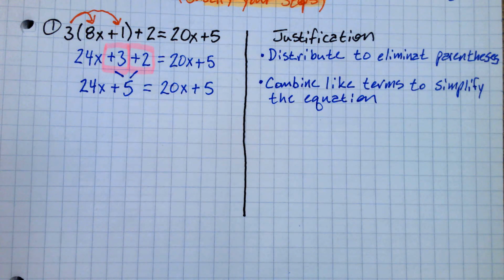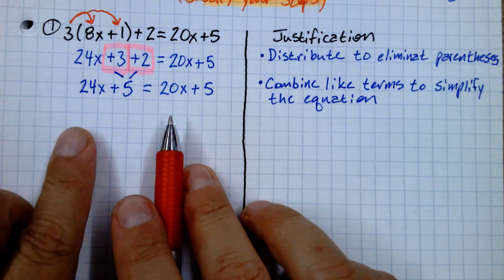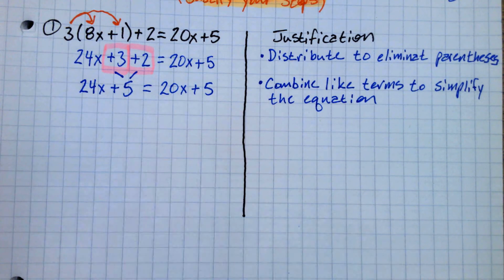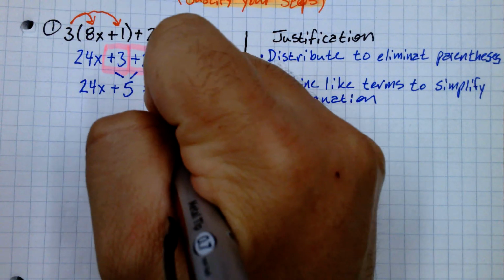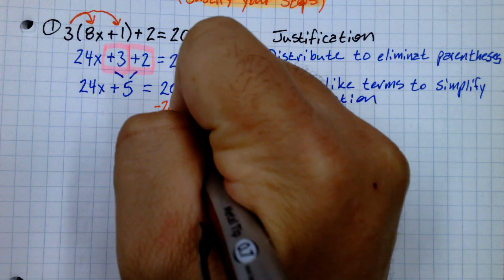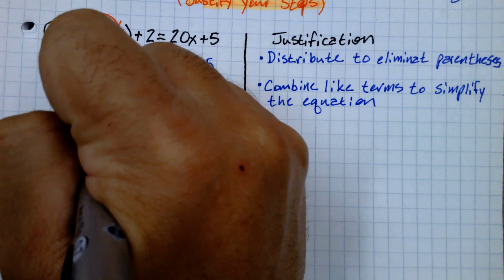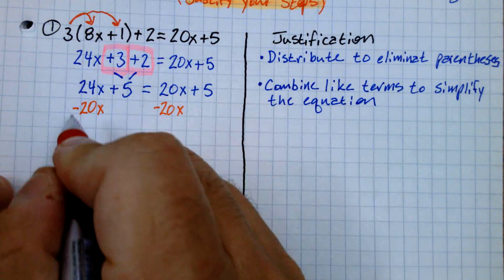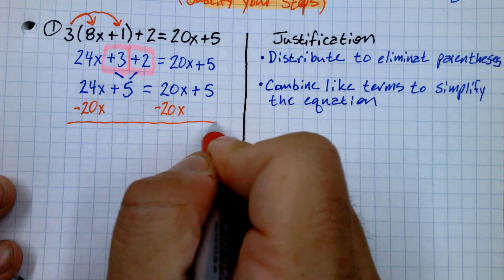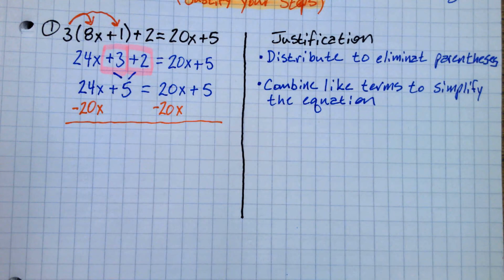All right, Diego. Now, let's do what you suggested. What were you telling me before? Yeah, we're going to do that part next. Subtract 20x from both sides. We're going to subtract 20x from both sides.